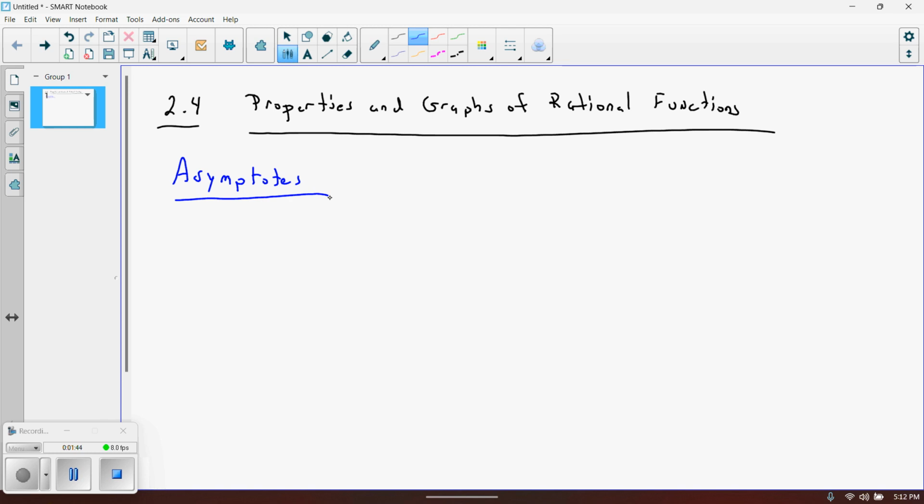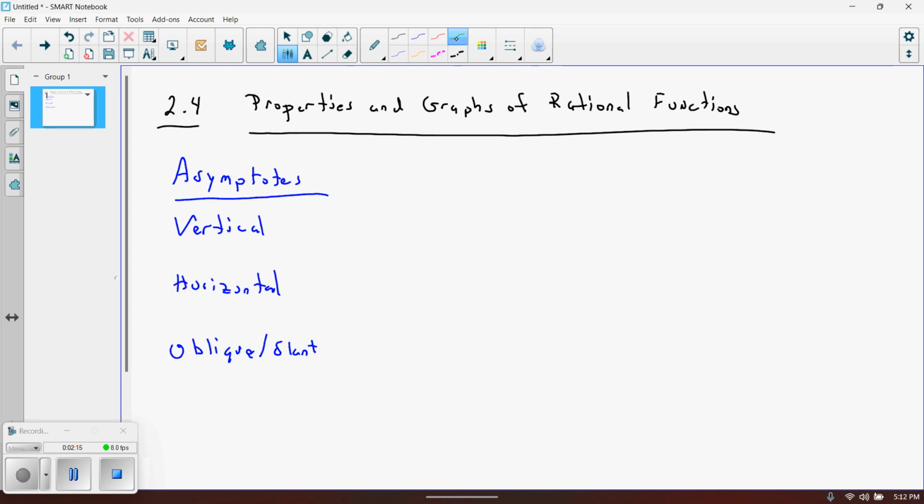You can have a vertical asymptote, which has its own properties. You can have a horizontal asymptote, and then you can have what is called an oblique, or some people call it slant asymptote. I've actually grown up knowing them as slant asymptotes as opposed to oblique, but they mean the same thing.